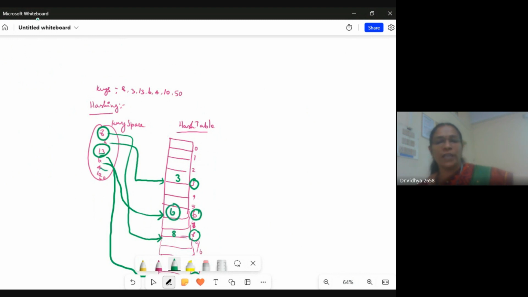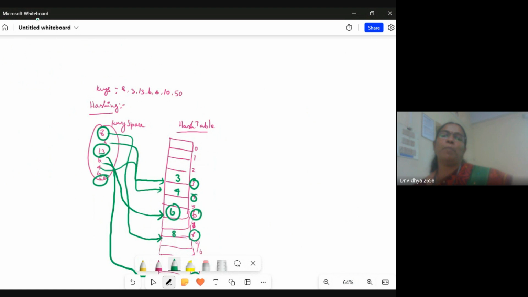Similarly, 4 means at index 4, the element 4 will be placed. Suppose we have the element 50, what would be the risk here? The hash table should be extended up to index 50, and only then can we place the key at location 50.